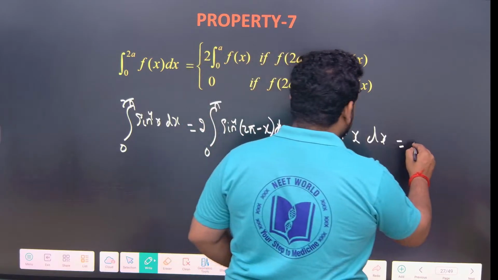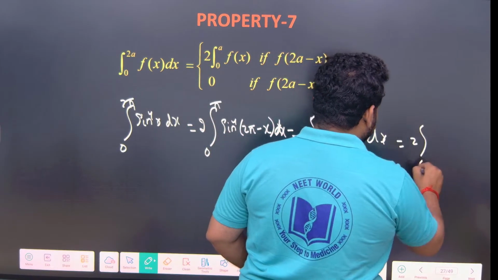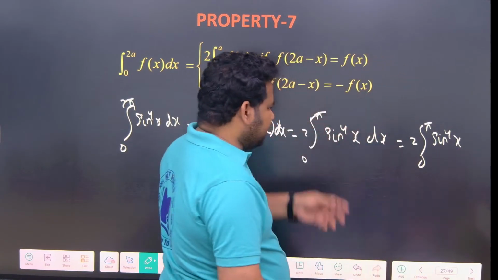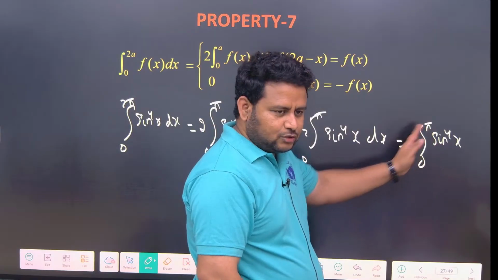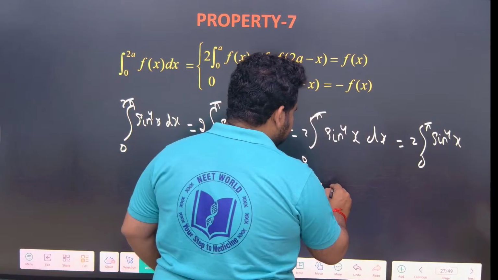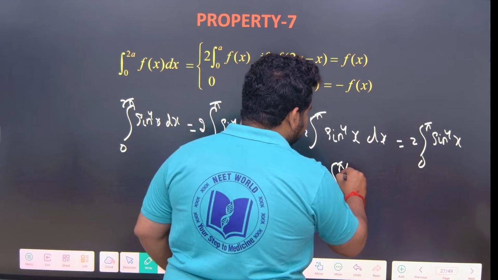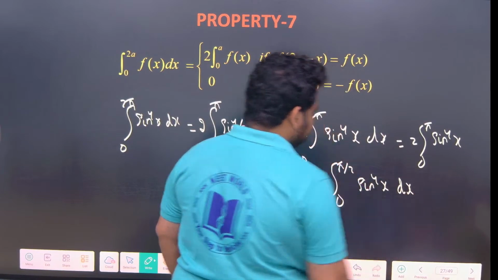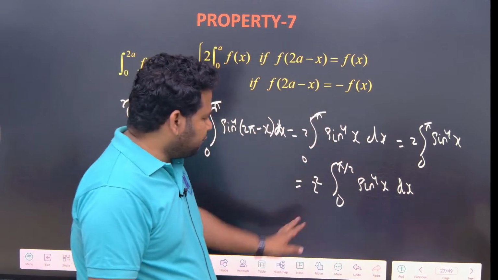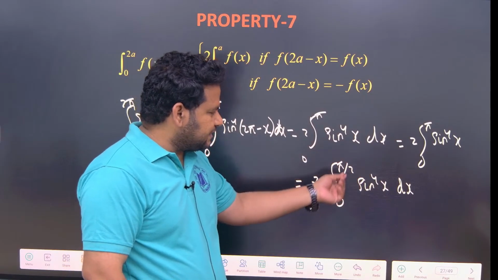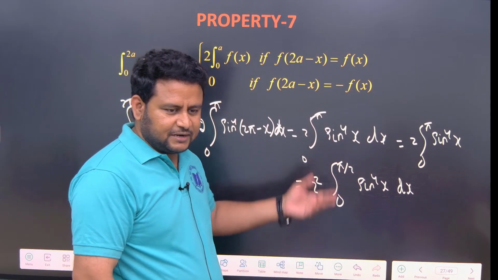So this will become 2 times integral 0 to pi sin power 4x dx. Now instead of pi I will bring it down to pi by 2. I can write this as 2 into 2, that is 2 square, into integral 0 to pi by 2 sin power 4x dx. Now you can solve it, otherwise you will keep getting the same function.